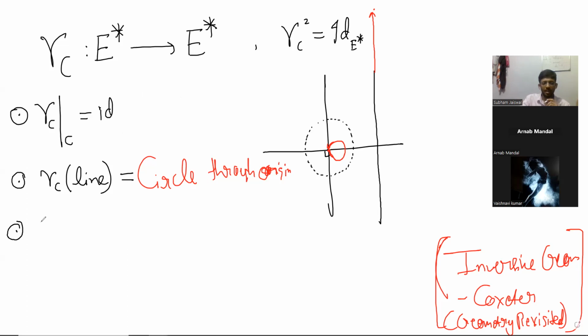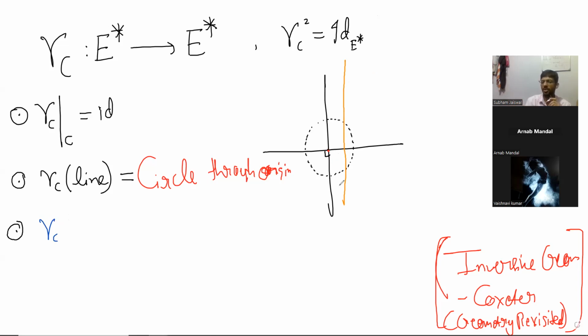And then let me ask you one more thing. What happens if this line was like this? Then what circle are you going to get? Let's say it's given that you will get a circle. That's a fact.